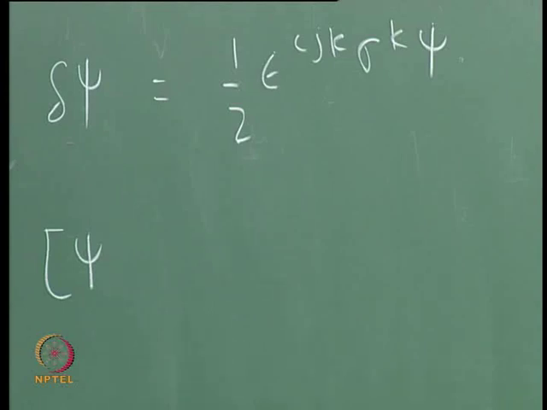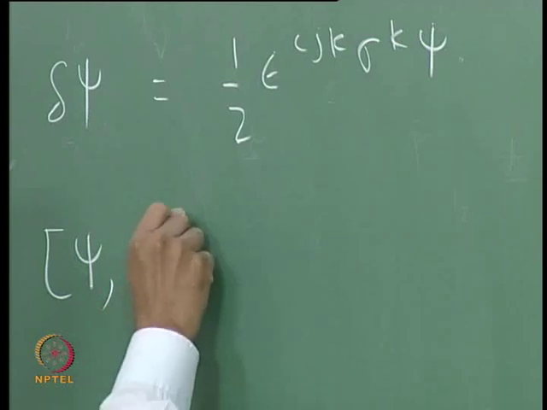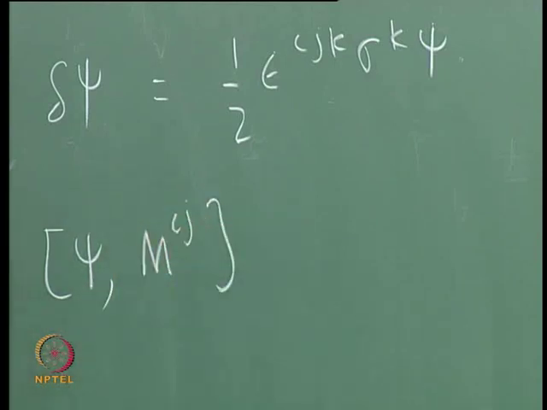So you look at the rotation generators. The rotation generators are just Mij, right. Now what is my transformation?